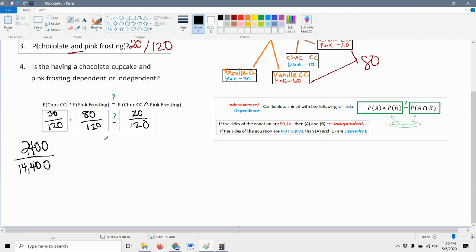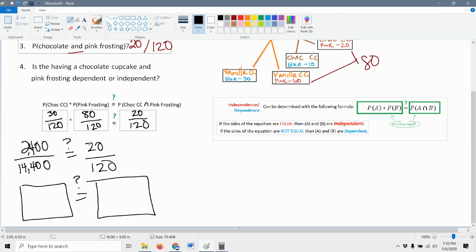And we're trying to figure out, well, does that equal 20 over 120? Well, these fractions don't look at all alike. But you know what? This isn't the best way to find out if they're equal because these fractions are not simplified. And fractions can look different if they're not simplified. So let's go ahead and divide the top by the bottom and get a decimal for each one.